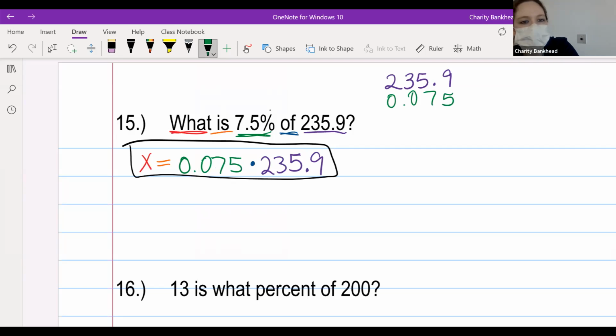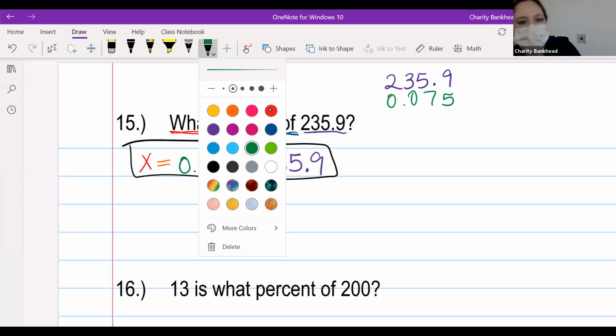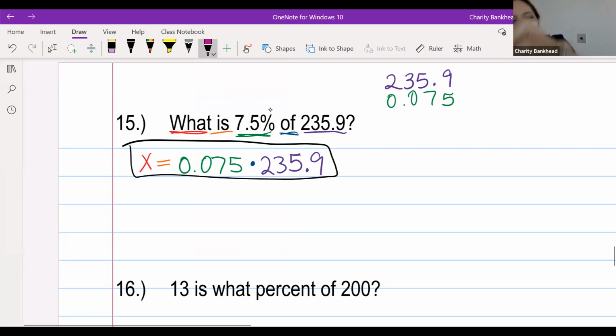When you're multiplying decimals, you basically just ignore the decimals until you get done with multiplying. So it's like we're just multiplying 2359 times 75 for right now. All right, so 5 times 9 is 45, 4, 29, 2.